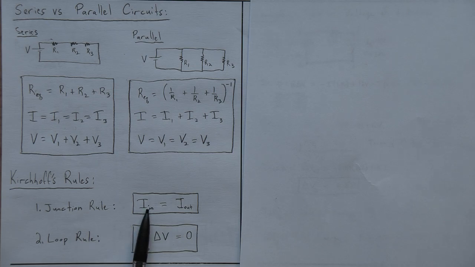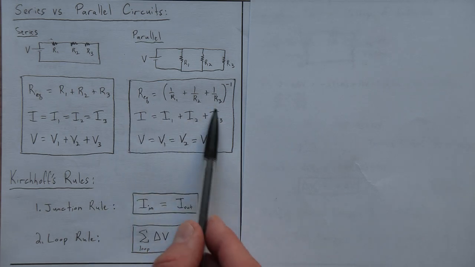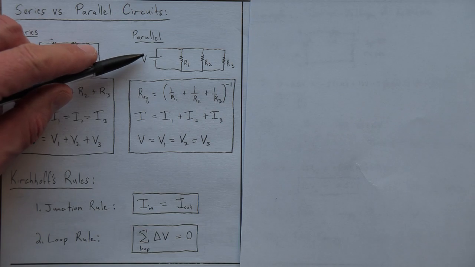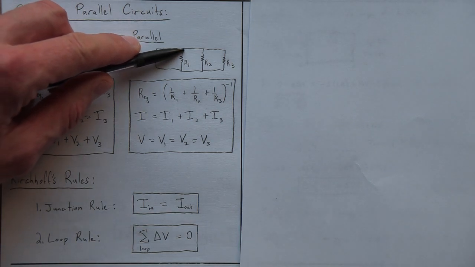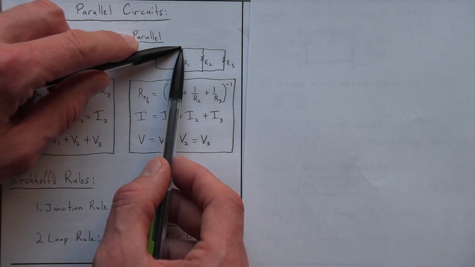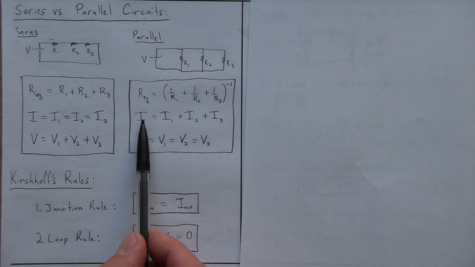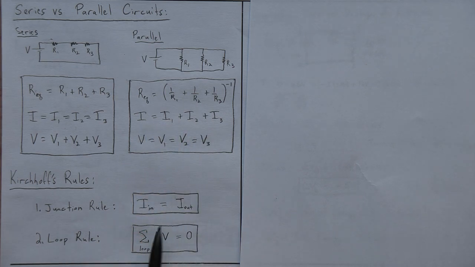Whatever current comes into that junction has to be equal to whatever current is coming out. That's basically this expression right here. Whatever current's coming into the junction, which are basically these three resistors joined together, has to be the current coming out to the three resistors. This is I in, this is I out. So this is just a fancier way to state this rule right here.